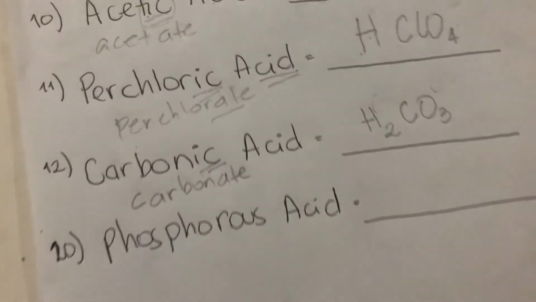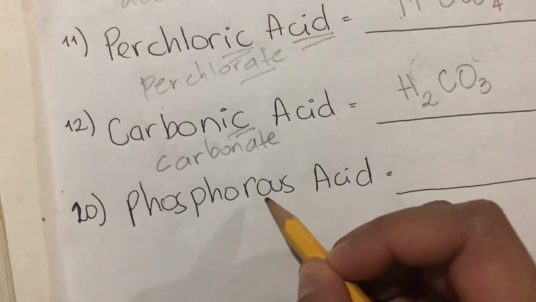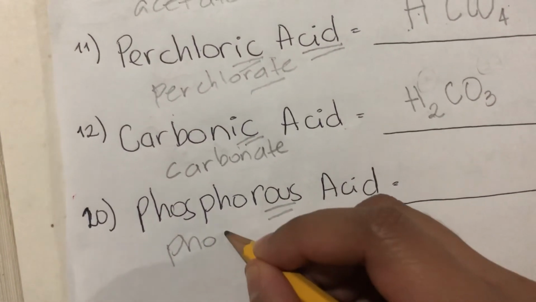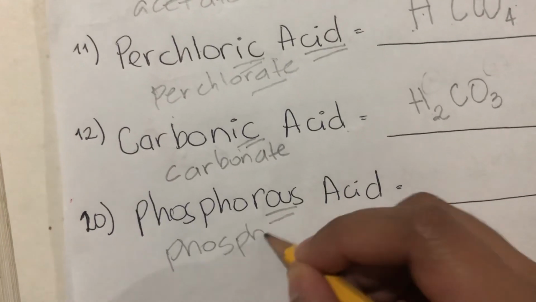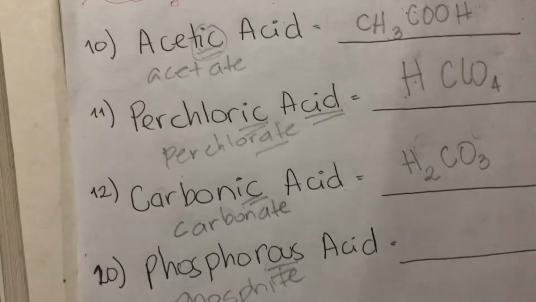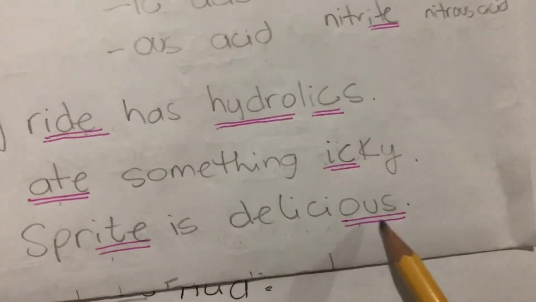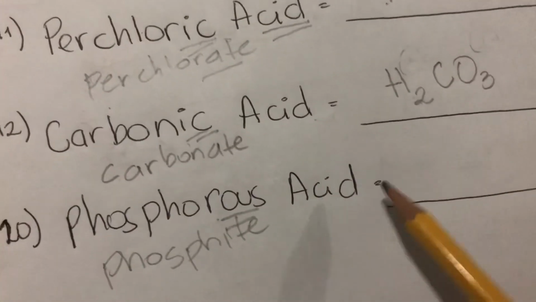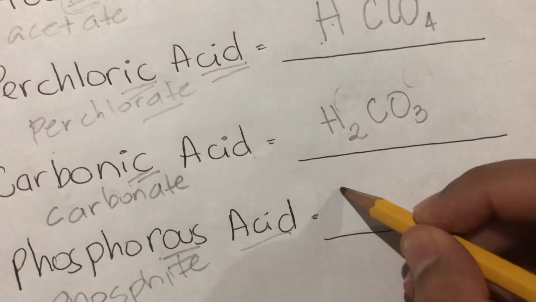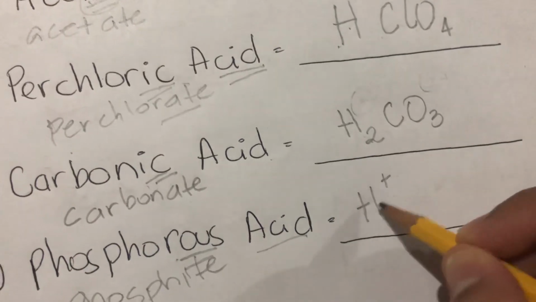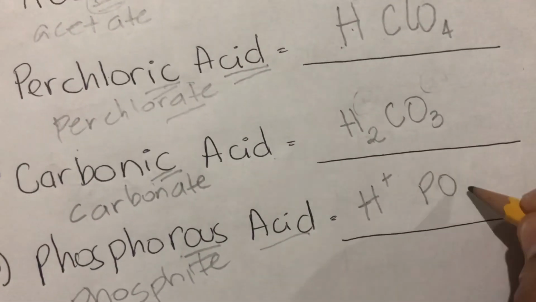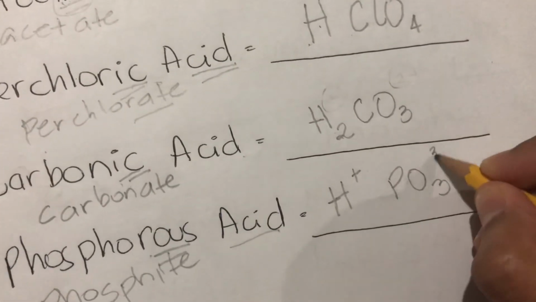And last but not least, phosphorous acid. Phosphorous acid means that it was phosphite. Why? Because it ends with OUS, and OUS was ITE. Phosphite. So my acid part is going to be my hydrogen, and phosphite is PO3 3 minus.